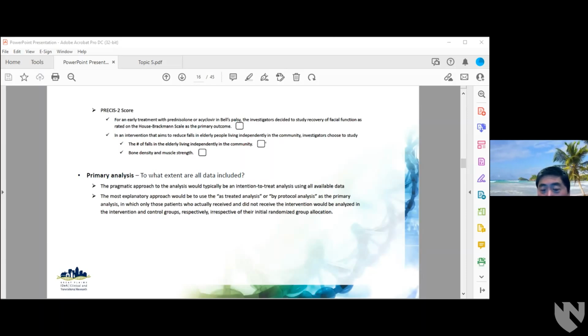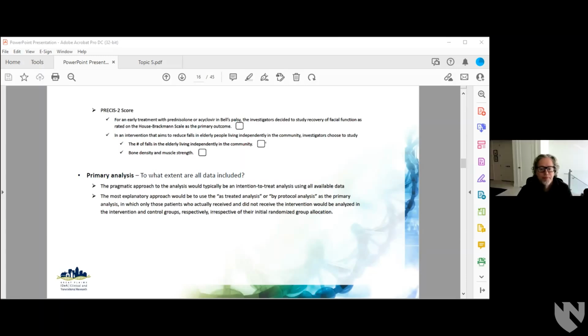The higher the number, obviously, it's very, very relevant to their disease status. So bone density and muscle strength is a scientific measure.